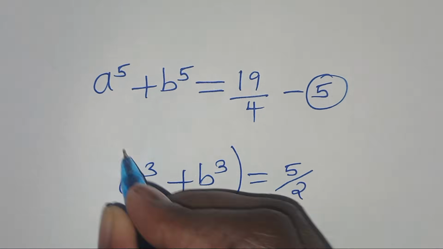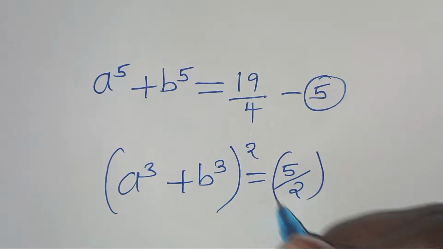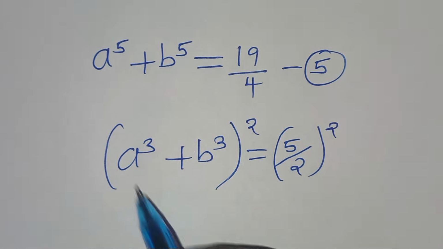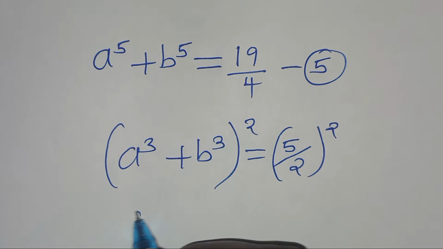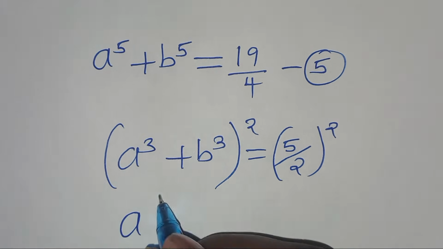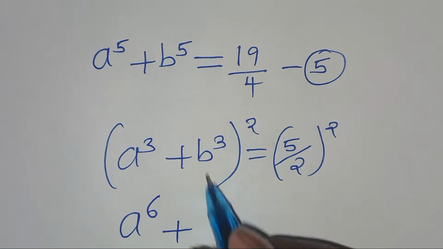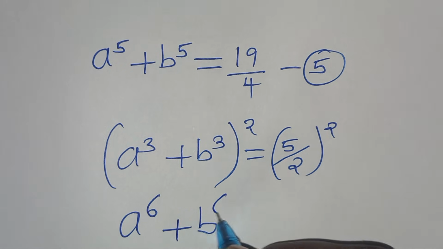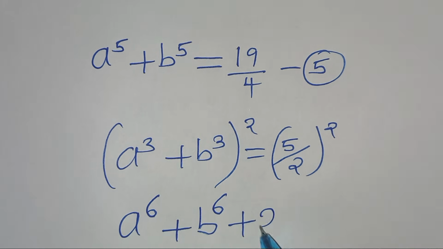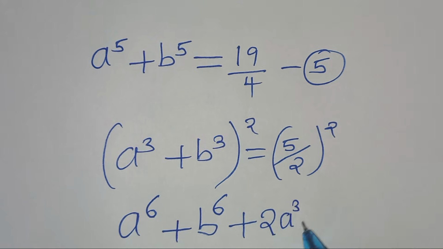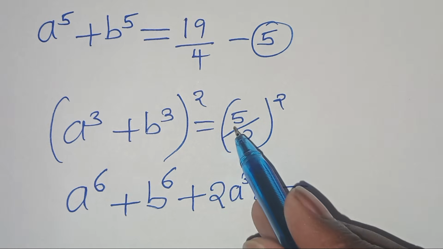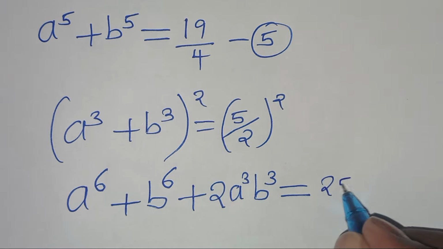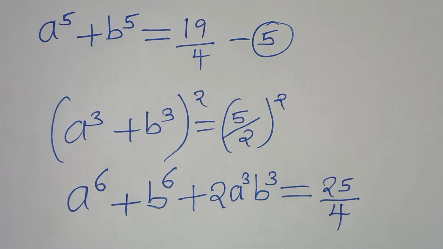So let's square both sides, so that now (a to the power of 3 plus b to the power of 3) squared can be expressed as a to the power of 6 plus b to the power of 6, then plus 2 a to the power of 3 times b to the power of 3. This is equal to 5 over 2 squared. So this is 5 squared, which is 25, over 2 squared, which is 4.